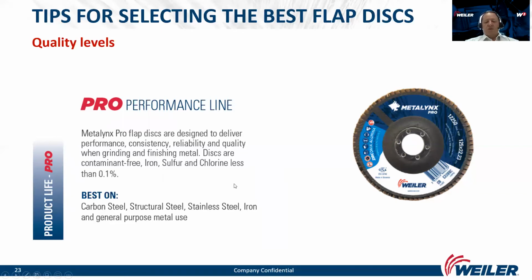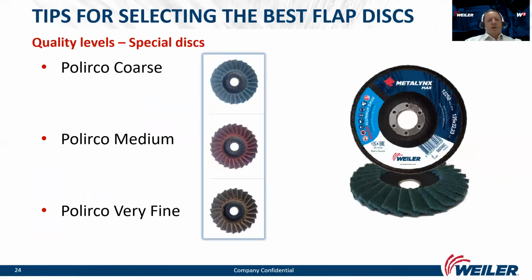They are suitable for carbon steel, structural steel, stainless steel, iron, and general purpose metal use, when we grind with, let's say, normal pressure and normal angle, that means around 25 degrees. For improving surface quality, we can offer you special versions of discs.